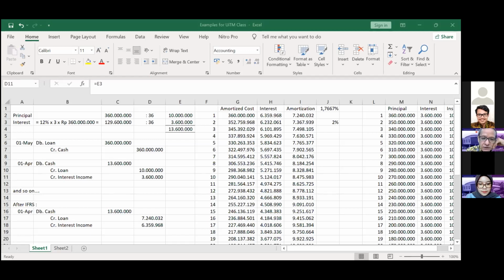A derivative is actually a contract to buy a certain financial asset at a certain price at a certain date in the future. That's why we call it derivative. If we buy a bond, that's not a derivative.